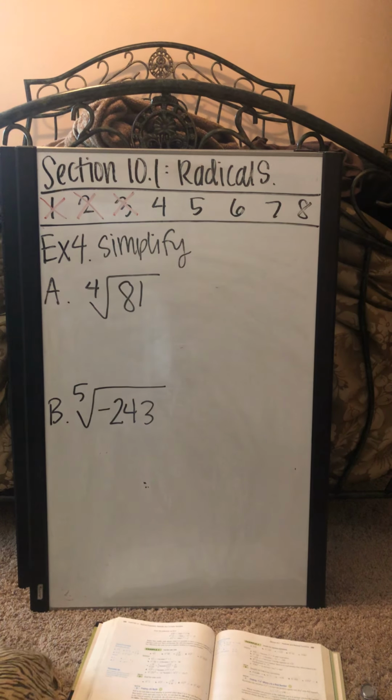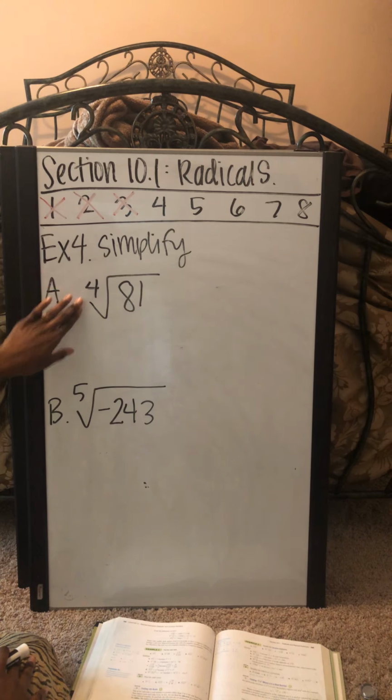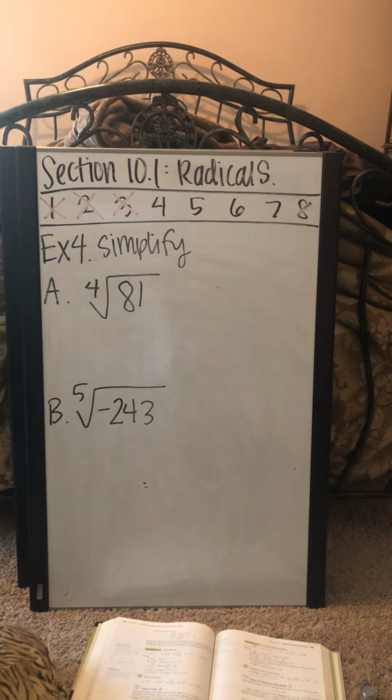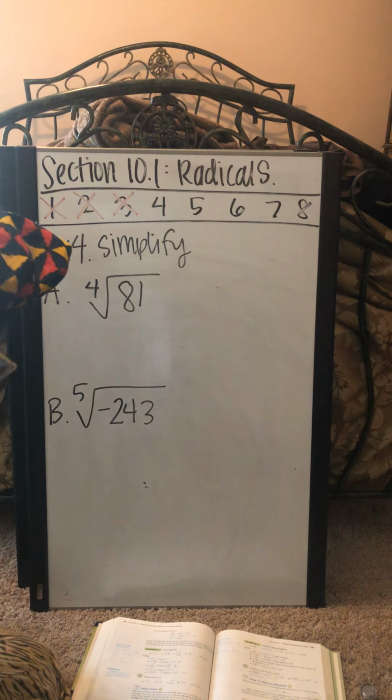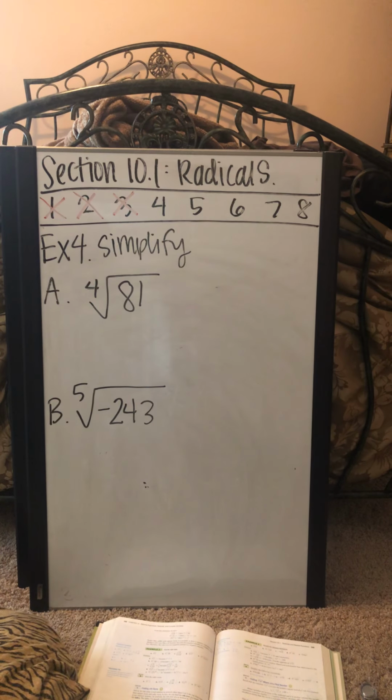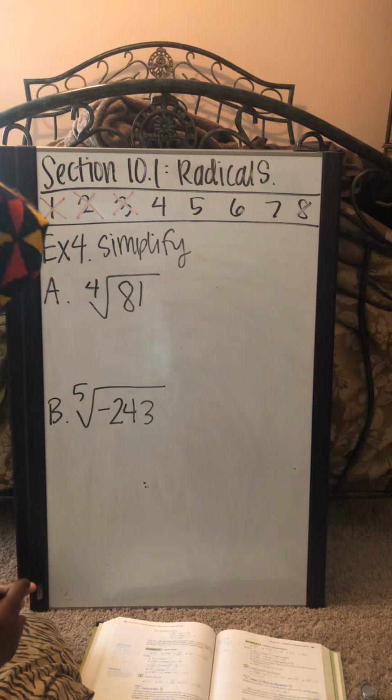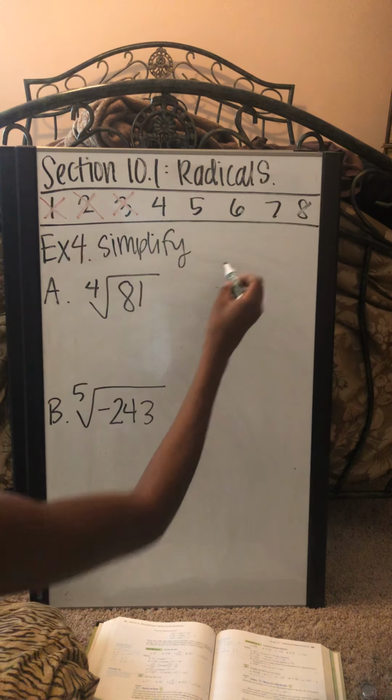Alrighty, so for example 4, we have, again, 5 parts to this. So it's just a combination of both even and odd radicals. First thing that we need to do with this 81 is figure out how to break it down, factorization.